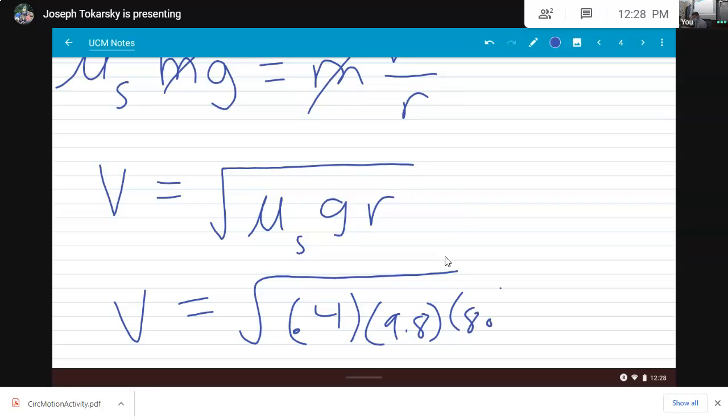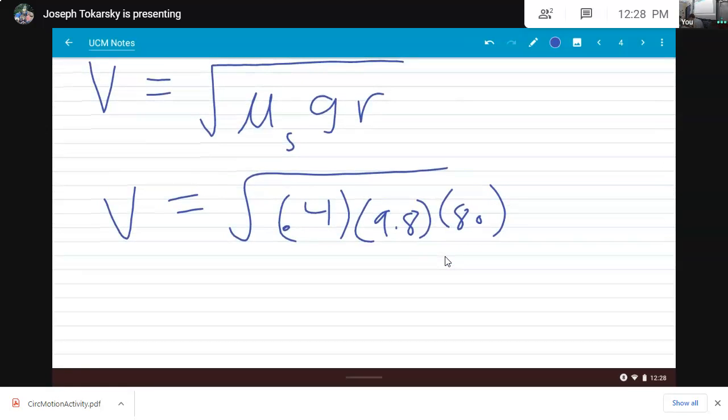We run those numbers, and you should get something close to 18 meters per second. Just to save time, I'm cheating a little bit and looking at the answer in the book, so that's the sig fig answer. It might be more like 17 point something.